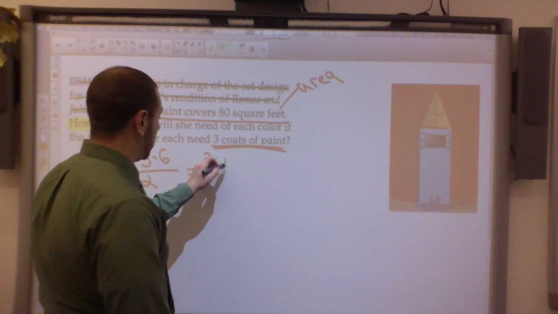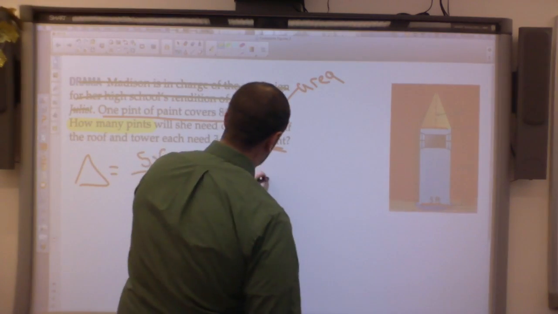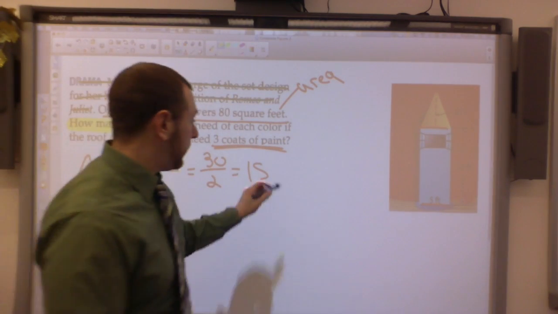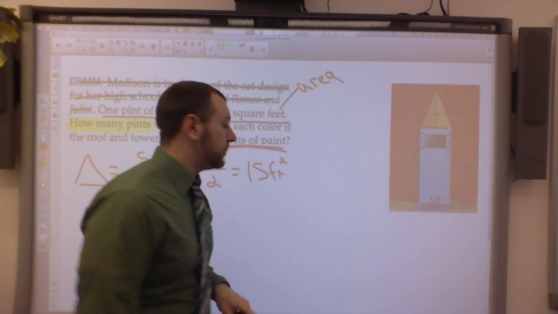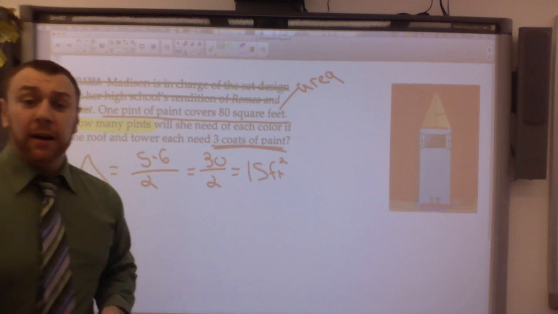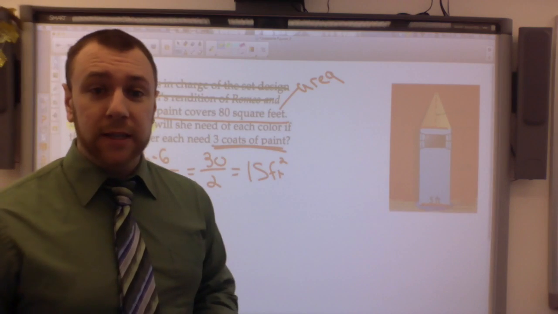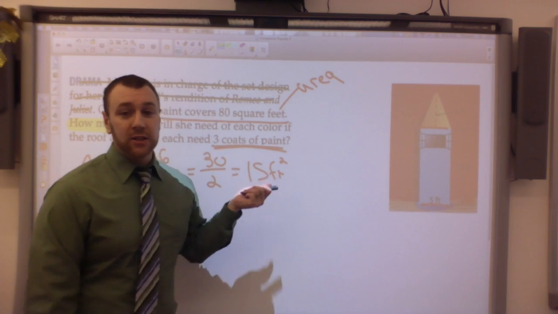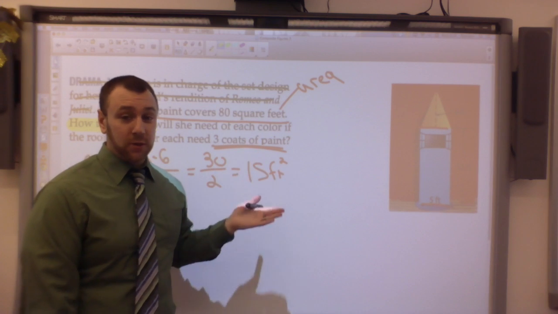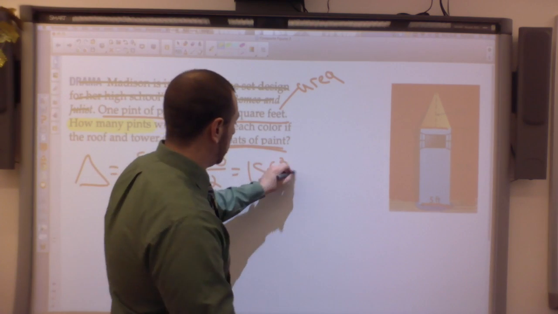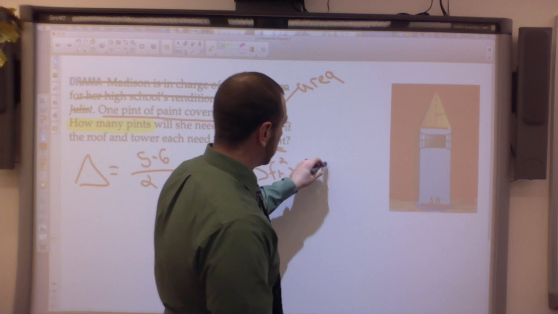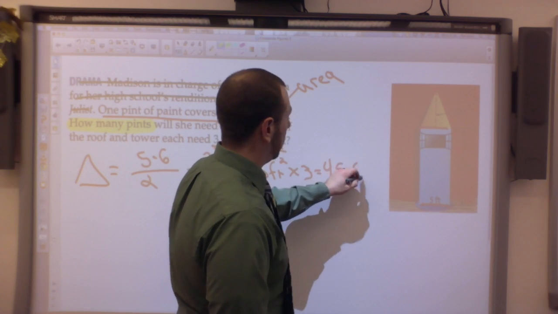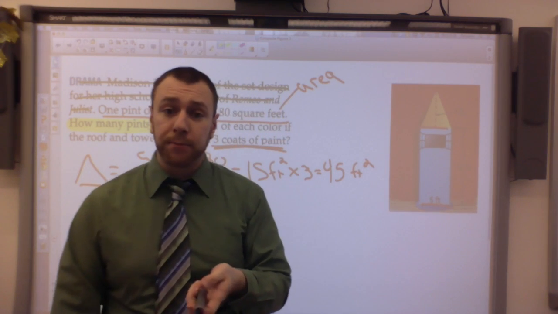So that's 30 divided by 2, grand total of 15 square feet. Okay, but how many times do I have to paint this? I have to paint this 3 times. So it's not just 15 square feet, it's 15 square feet times 3. So I have a grand total of 45 feet squared that I have to paint.